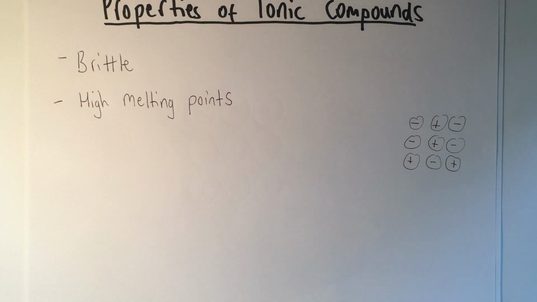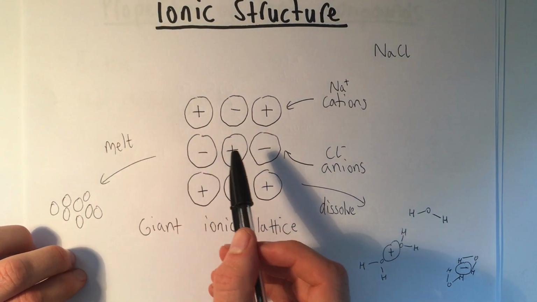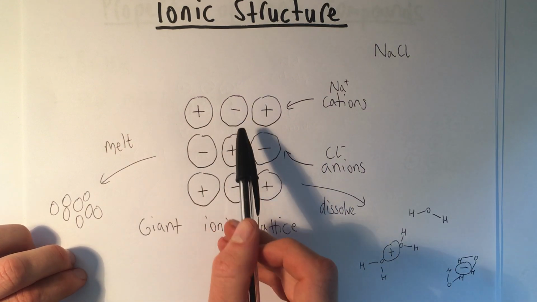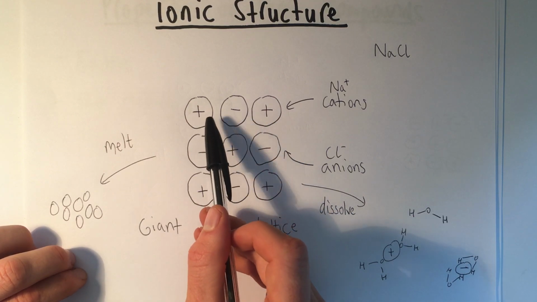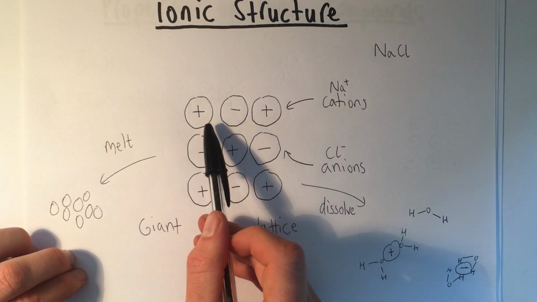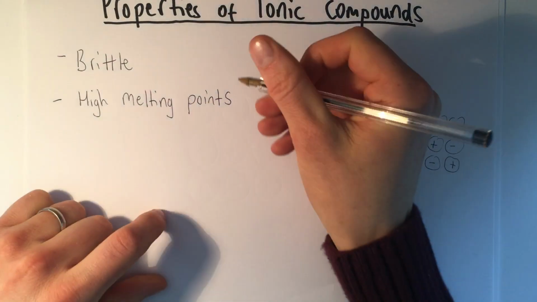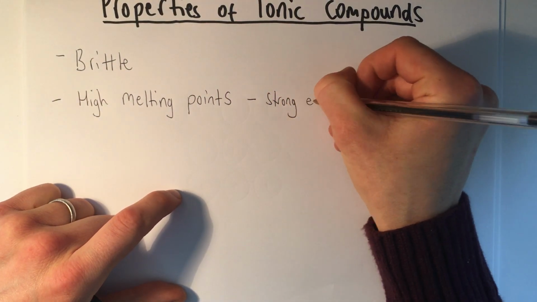And the reason is because to get it to melt, remember from this video, we've got to break the lattice. We've got to break the electrostatic attraction between the cations and the anions. And that is a very strong force, so it requires a lot of energy to overcome. So I've got to heat it a lot to get them to melt. So I'm going to just write, because it's got strong electrostatic attraction.